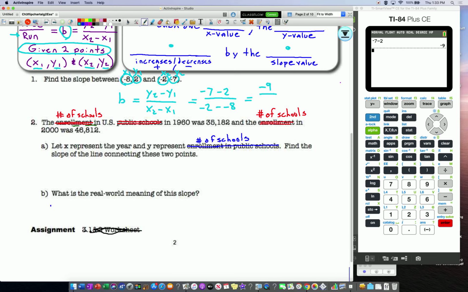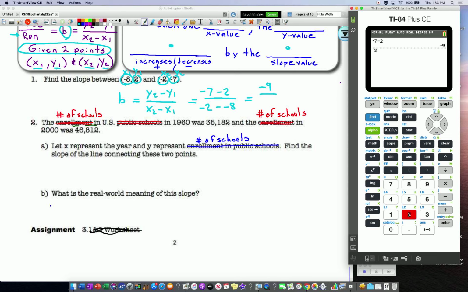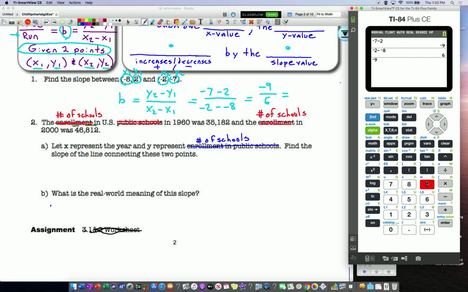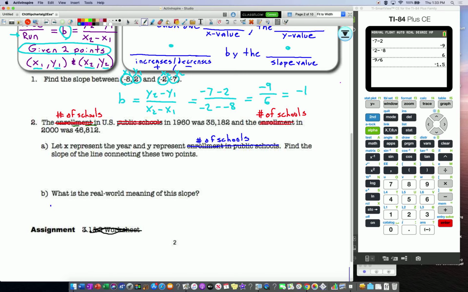On the bottom, I have negative 2, subtracting a negative 8, so watch your signs extra carefully, and I get 6. Now if I divide negative 9 by 6, I get a slope of negative 1.5. So for every one x value, the y value decreases by 1.5 units.